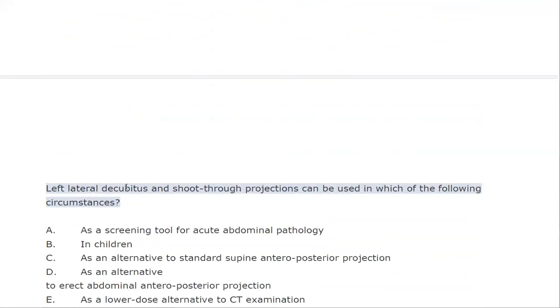Okay, left lateral decubitus and shoot-through projections can be used in which of the following circumstances? As a screening tool for acute abdominal pathology in children, as an alternative to the standard supine anteroposterior projection, as an alternative to the erect abdominal anteroposterior projection, or as a lower dose alternative to CT examination.